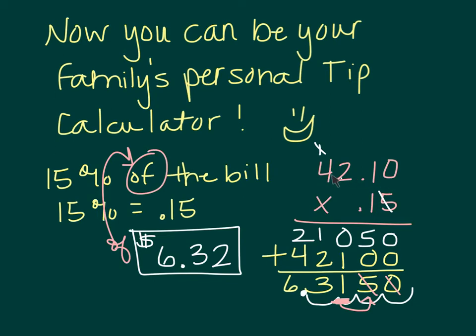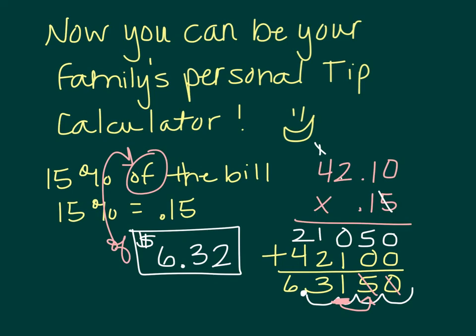You would add this with your tip, and then you would have a total that you would pay, or that you would be charged, or sometimes grown-ups just leave the tip on the table in cash. Anyways, that is a useful thing. You can go home and tell your parents that you know how to figure the tip on a restaurant bill.